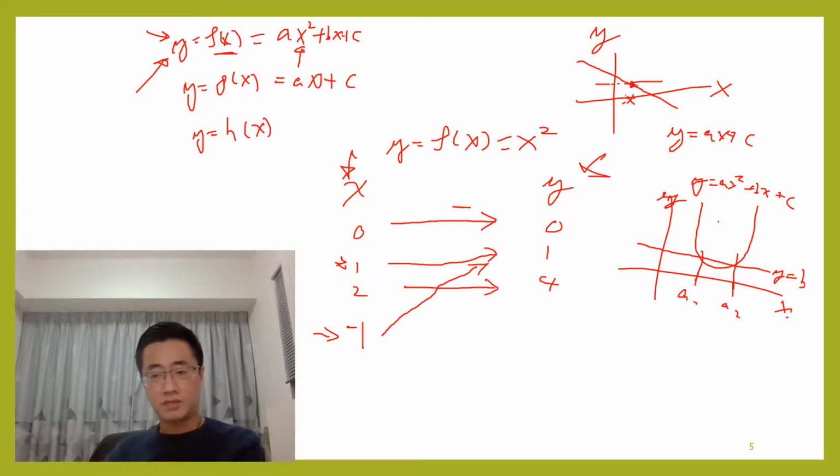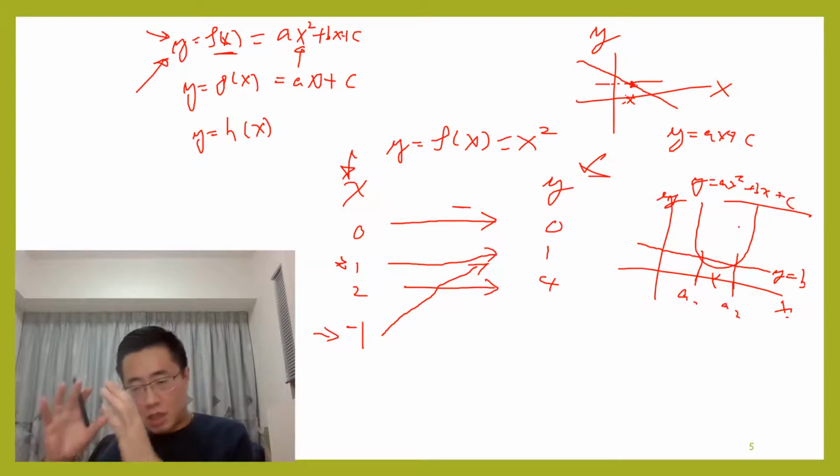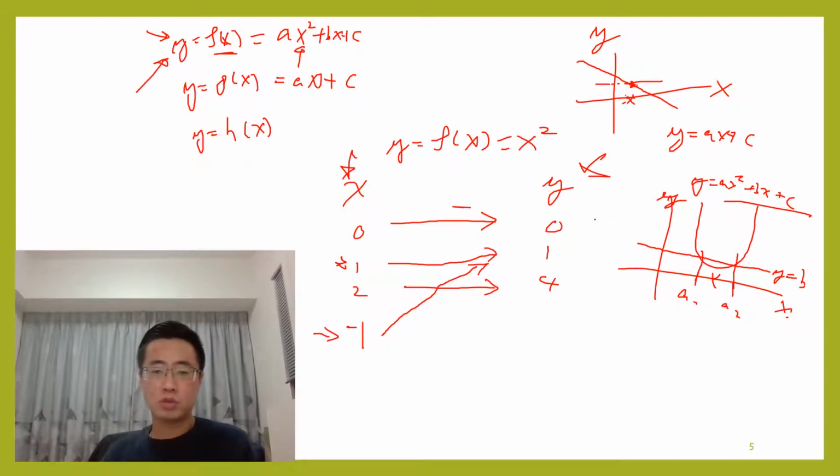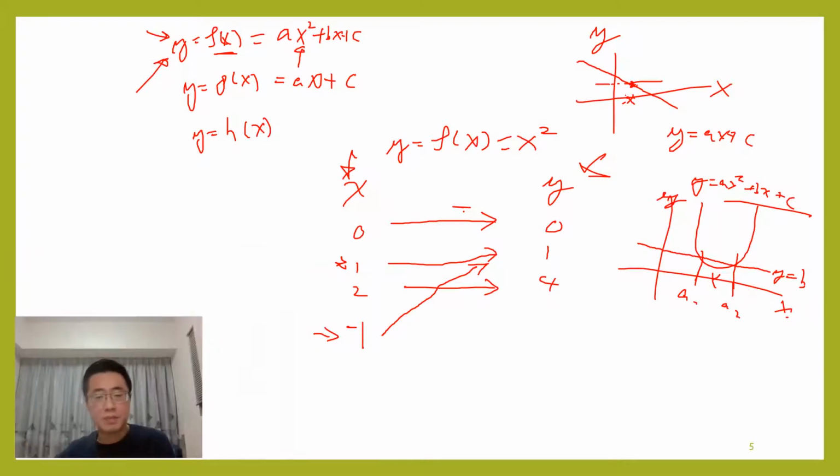Under this quadratic function, that results in a single value for y, but it cannot be the other way around. Say you have one single x value but it gives rise to two different y values. That's not possible. So in terms of the coordinate plane and also the mapping, the principle of a function is that the output variable y can only be a single value. That is the key part of functions.